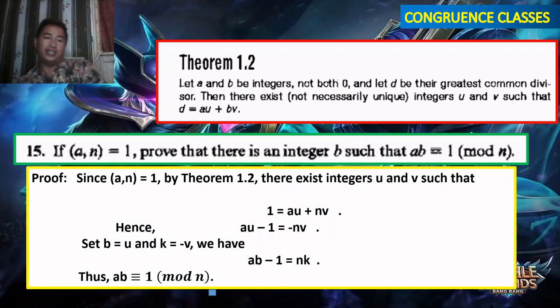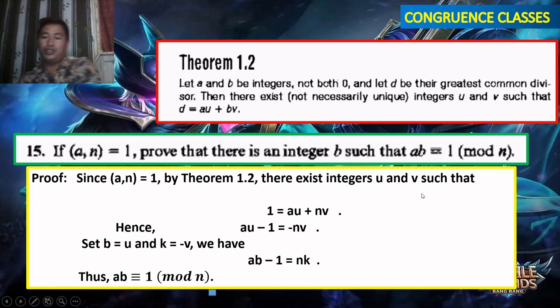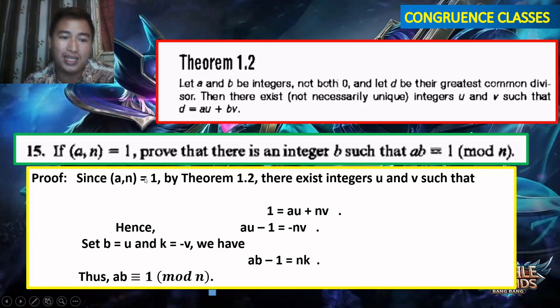Okay, proof. Since the GCD of A and n is equal to 1, okay, by Theorem 1.2, there exist integers U and V such that D is equal to AU plus nV. D na dira kay 1 man, so 1 is equal to AU plus nV.